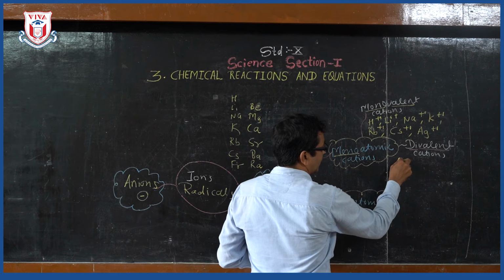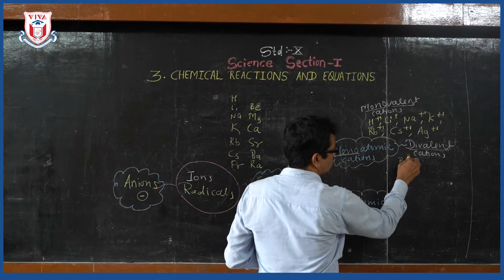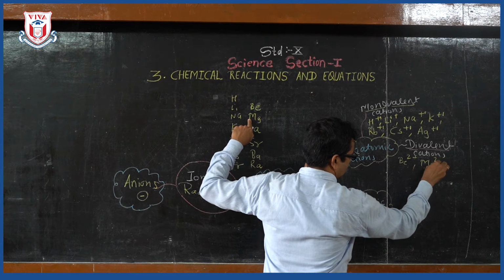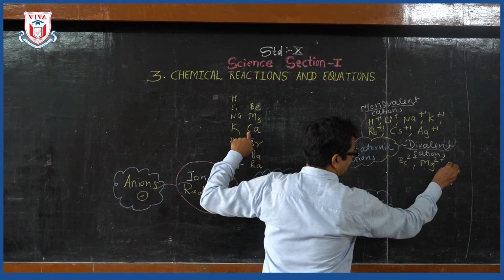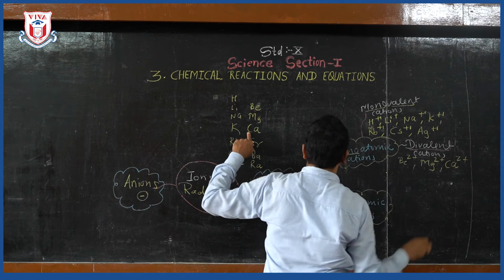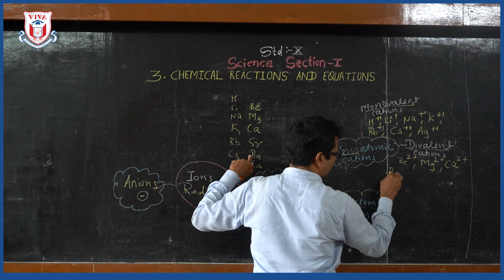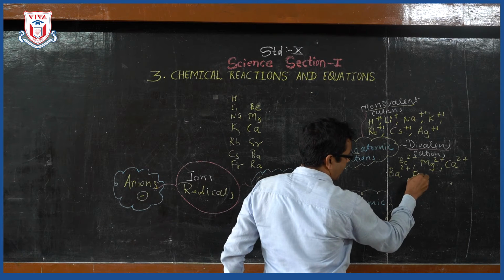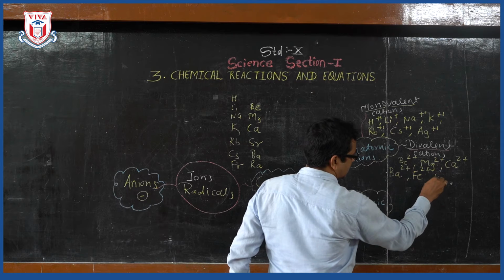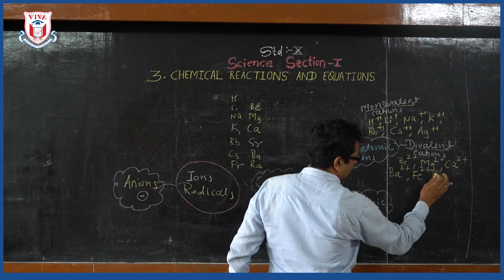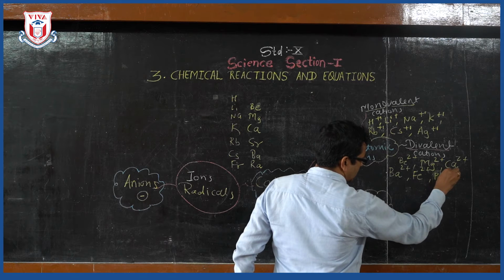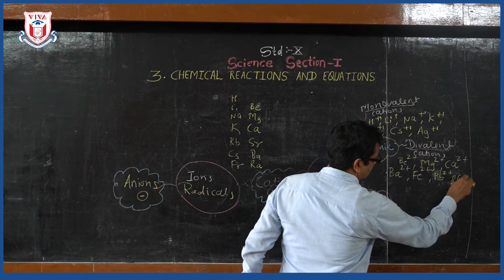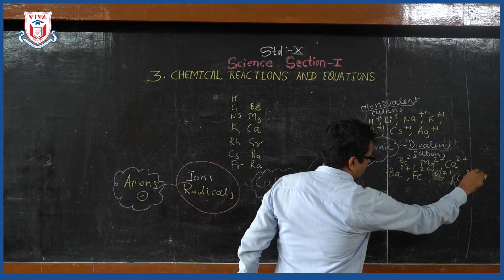That is Be2 plus, then Mg2 plus, then Ca2 plus, then Ba2 plus, then Fe2 plus, Pb2 plus, and Cu2 plus.